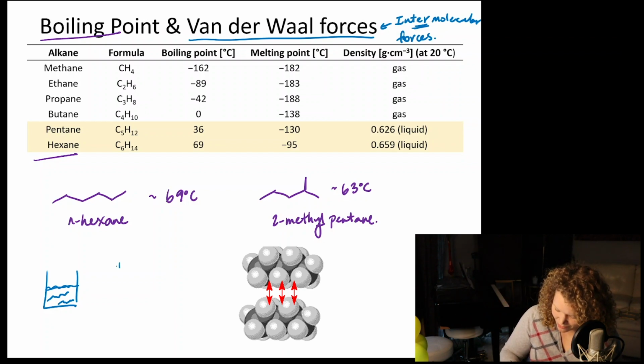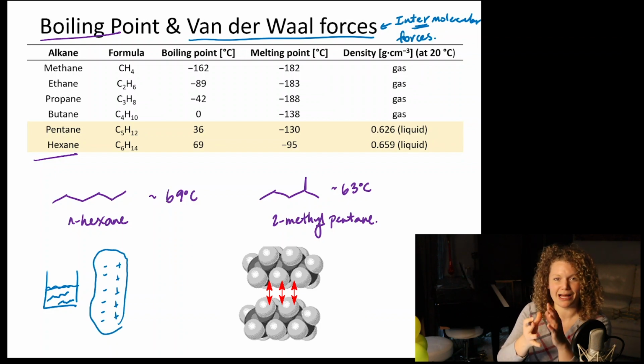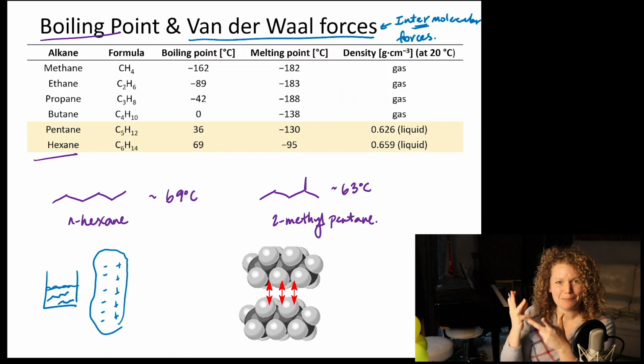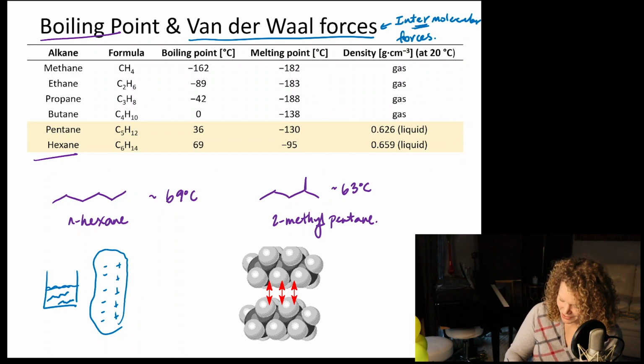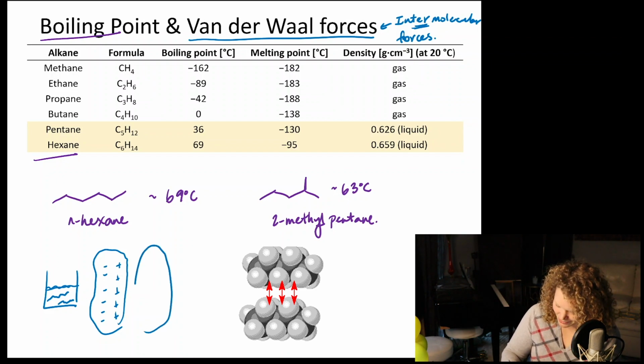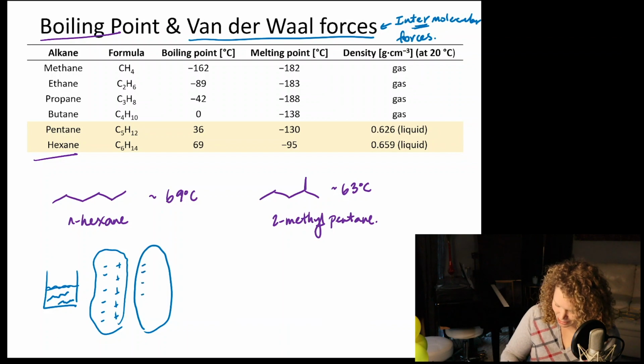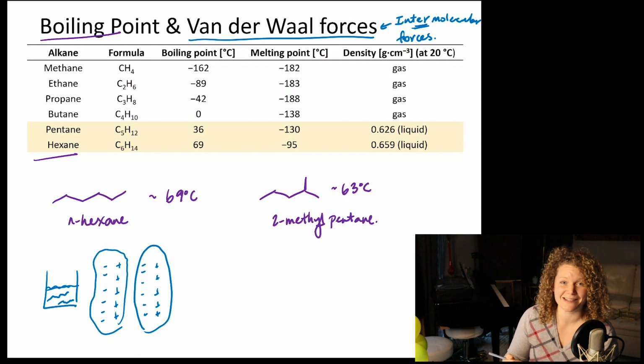So we have all of these nuclei in our n-hexane. We also have these electrons that are floating around. So think of it kind of like this globular chain of positive and negative charges. And so when it interacts with another globular chain of positive and negative forces, or another n-hexane, these are going to interact, and this is why the boiling point is actually larger than 2-methylpentane.